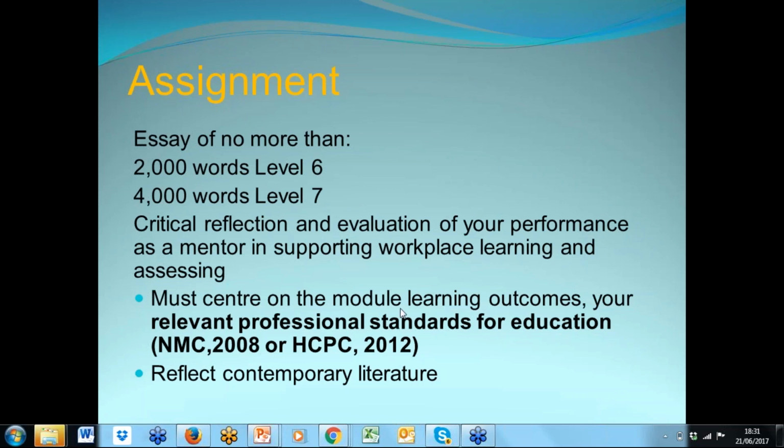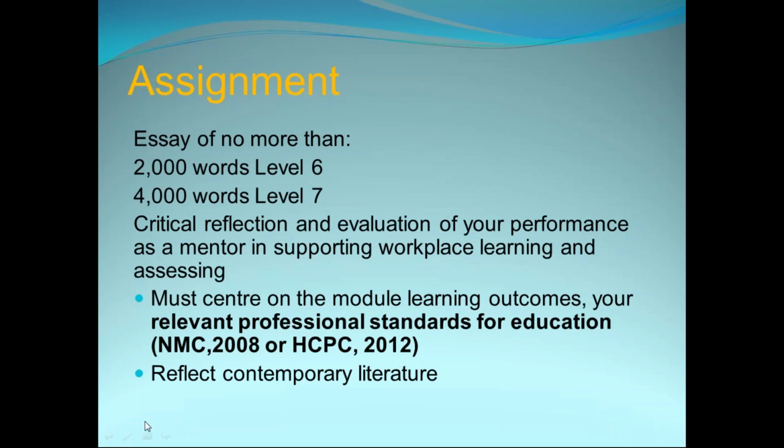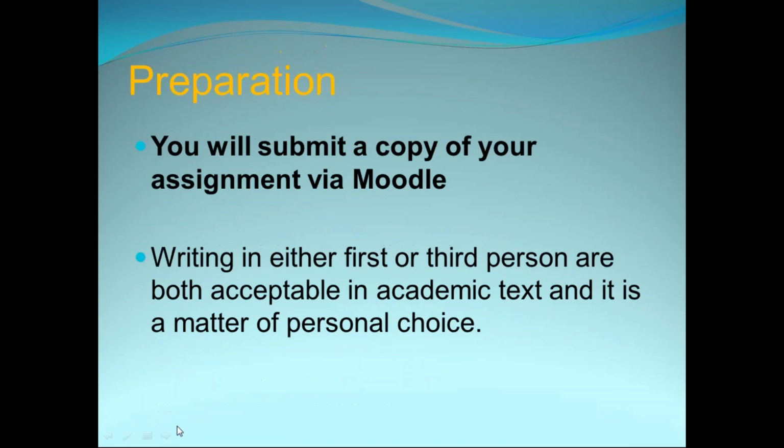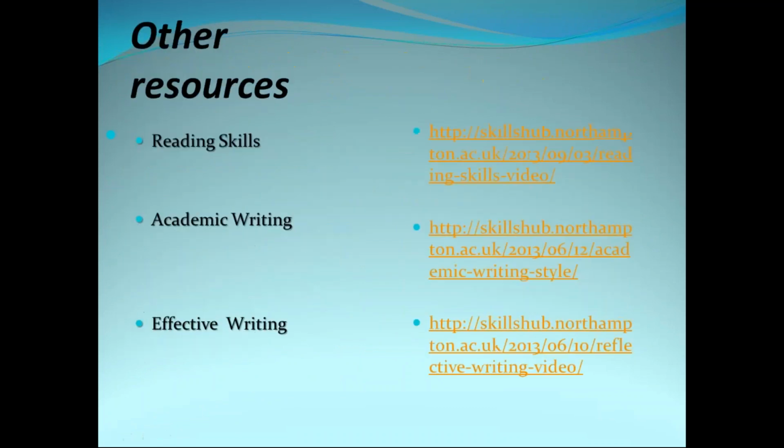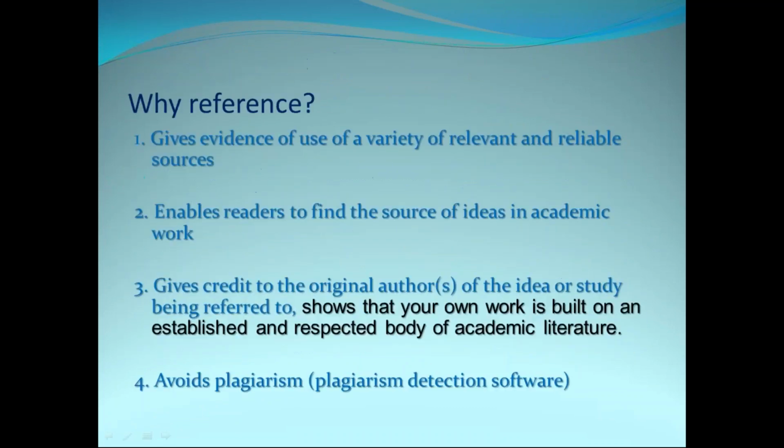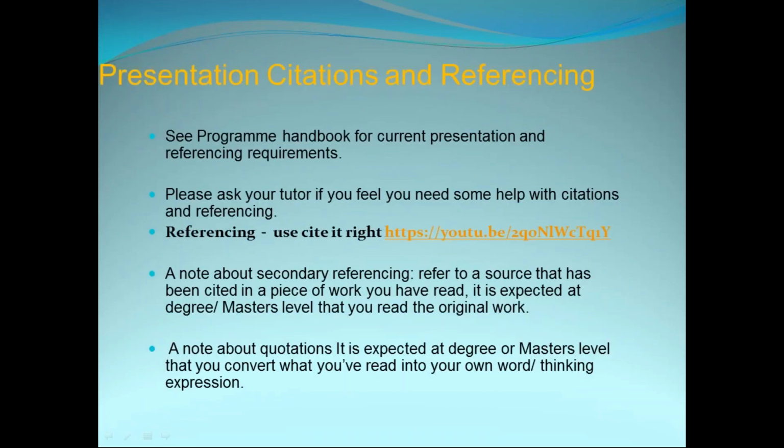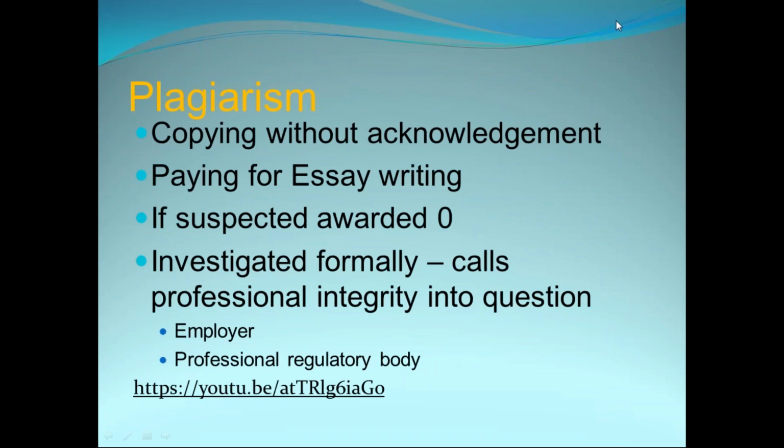Right, I'm going to move forward now because I've come back to where we were. I've come back to plagiarism now. Plagiarism is classed as copying without acknowledgement, and if you remember, I've just been talking about your work being expected to be based on a sound body of literature.